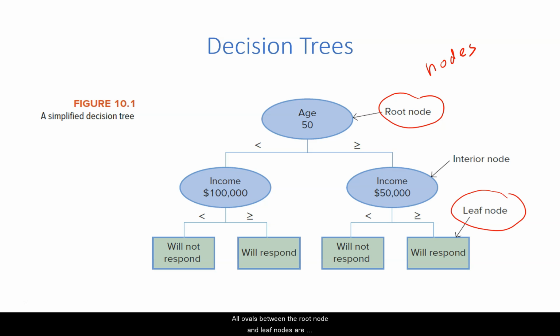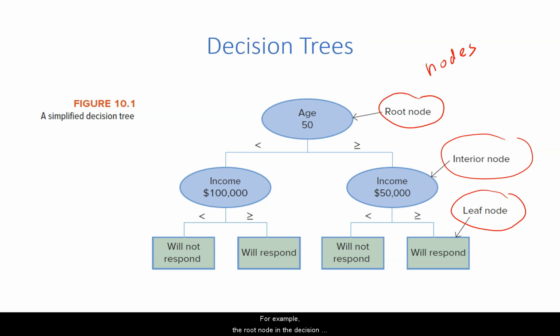All ovals between the root node and the leaf nodes are called interior nodes. The root and interior nodes represent decision points, where a logical comparison is made based on the data to determine whether the branch on the left or right of the node will be followed next.